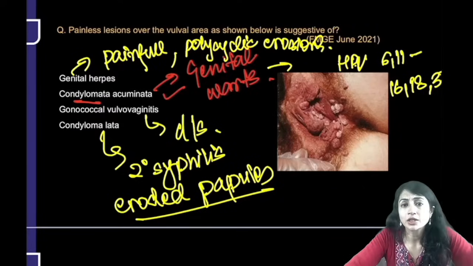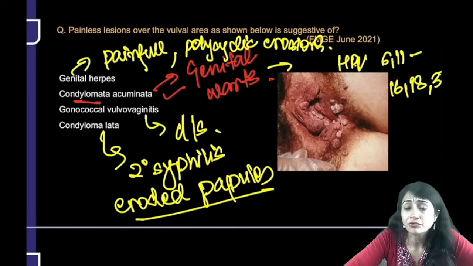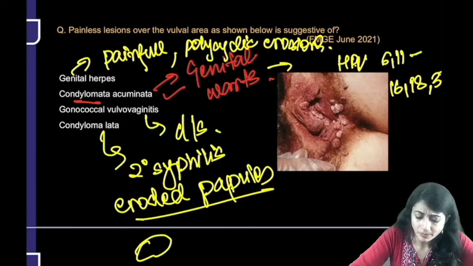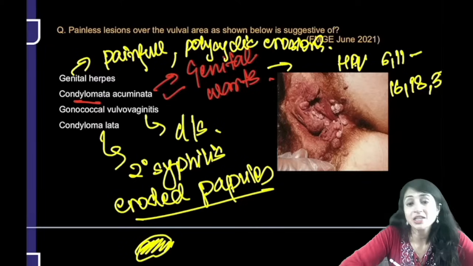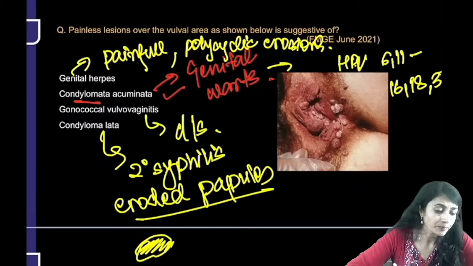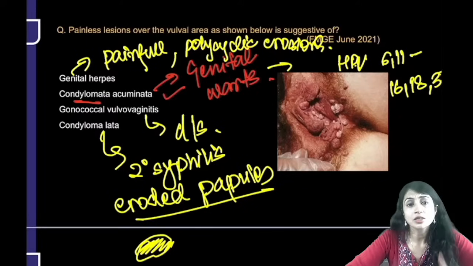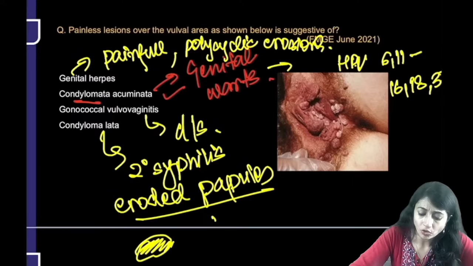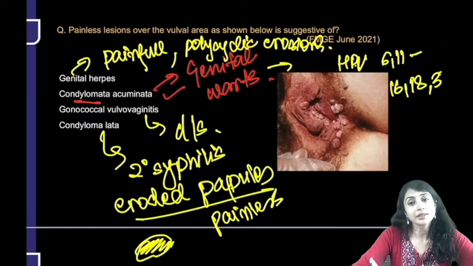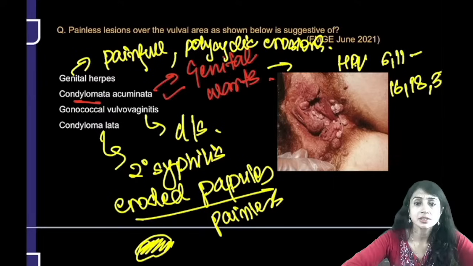So condyloma lata is a very, very infective condition. It is usually broad based and you see a very fleshy appearance there. So the genital lesion in secondary syphilis is condyloma lata. It is also painless, but the clinical picture is different from genital warts, right?